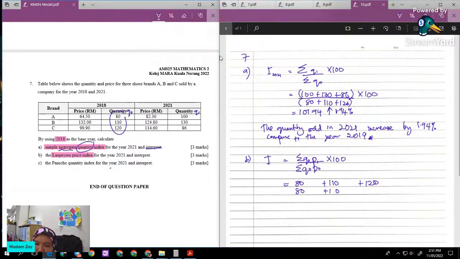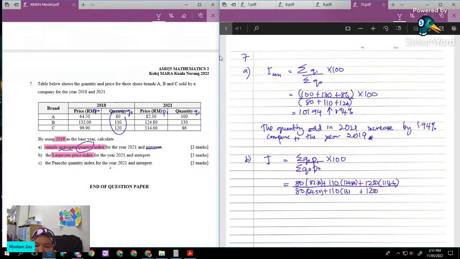Salin pun boleh salah. Lepas tu darabkan price untuk P1. P1 is 82.3, 124.8, 114.6. And then kalau untuk base price, this is P0, this is P1 kan.